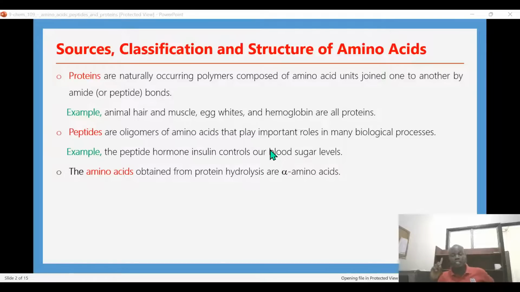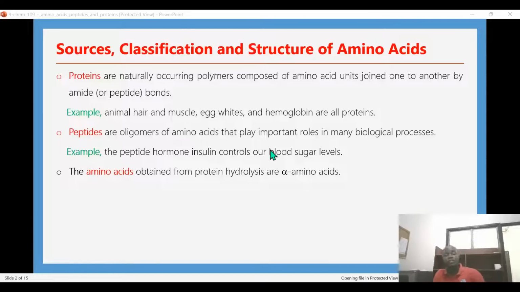You see in these slides, you should not forget that we have proteins, we have peptides, and then we have amino acids. I saw someone writing 51 amino acids. Sit down and check very well.